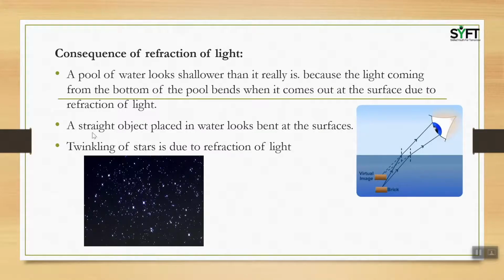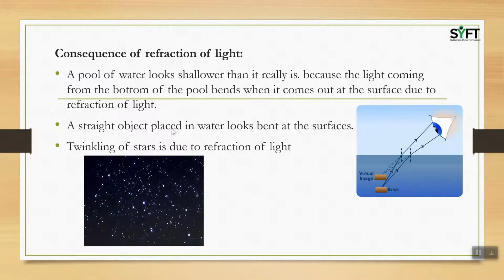Now we will know about the consequences of refraction of light. A pool of water looks shallower than it really is because the light coming from the bottom of the pool bends when it comes out at the surface due to refraction of light.